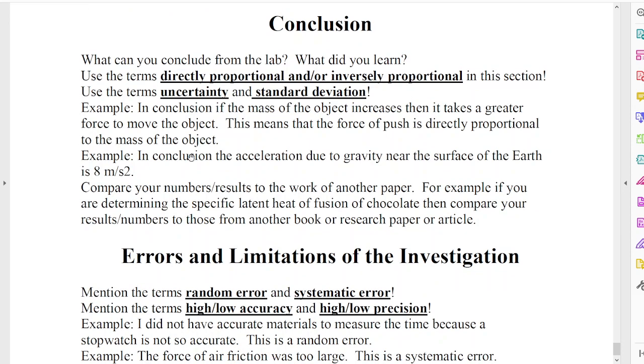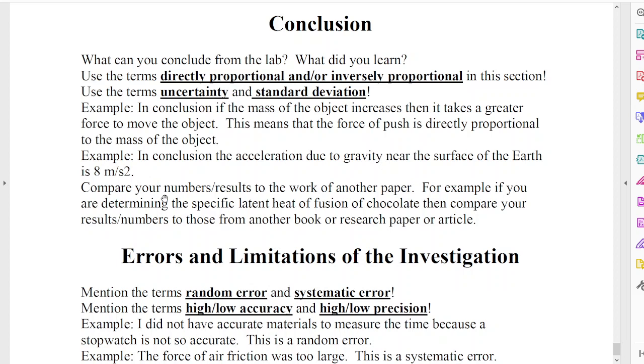Here's another example. In conclusion, the acceleration due to gravity near the surface of the Earth is 8 meters over second squared. Okay? That's what I concluded from the lab. That's what I learned. Okay? So compare your numbers or results to work of another paper.